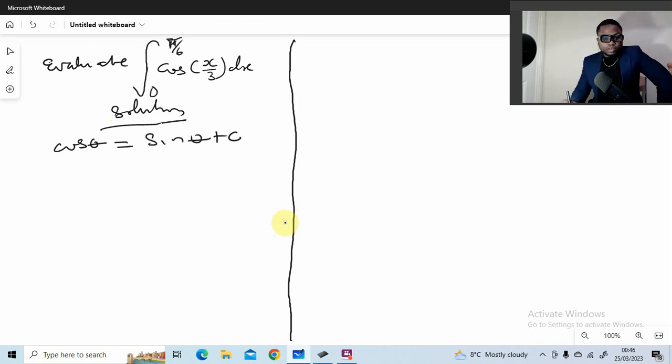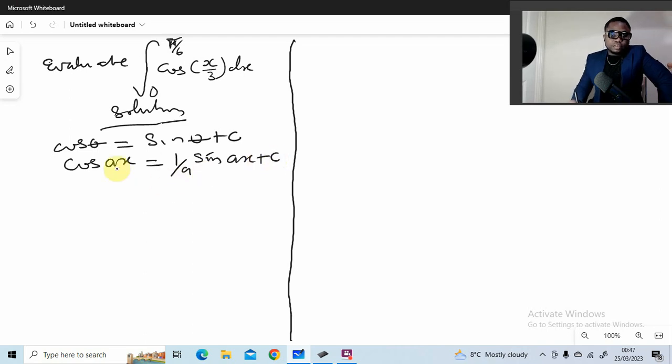And there is a formula in integration: if you want to integrate cos ax, this becomes 1 over a sine ax plus c, where x is the variable and a is a number, the coefficient of x.